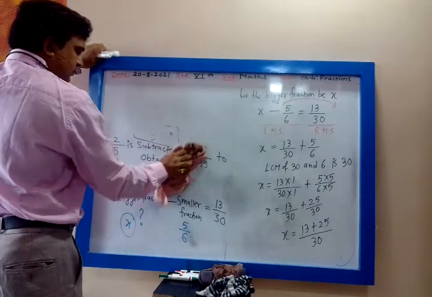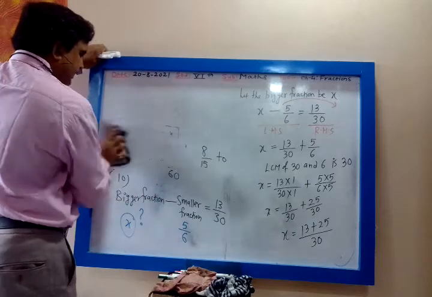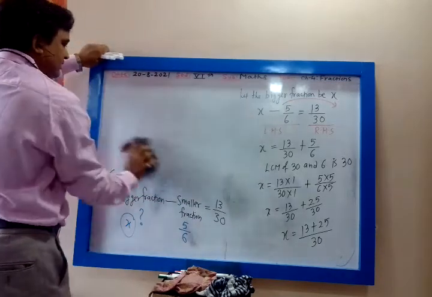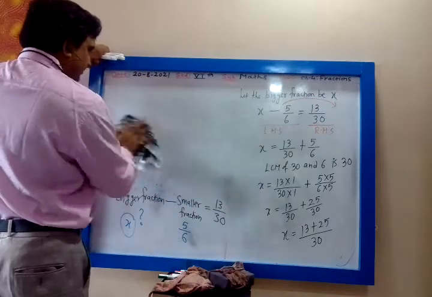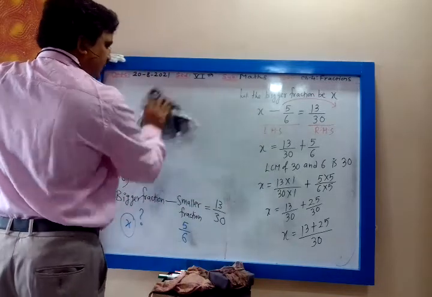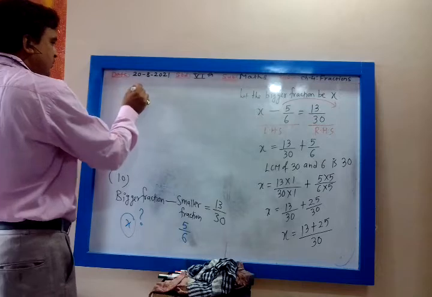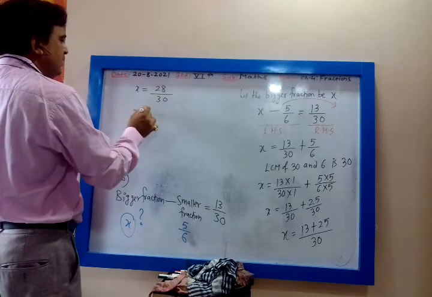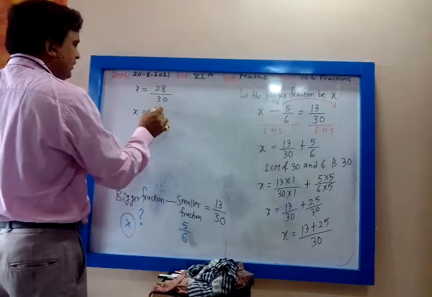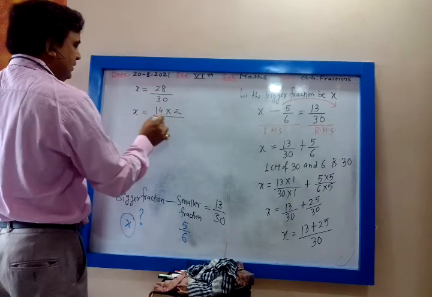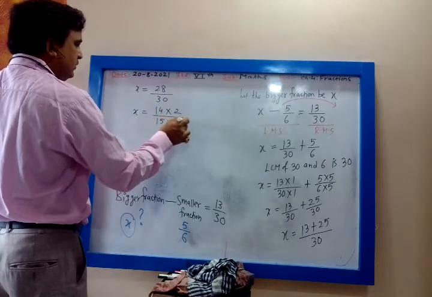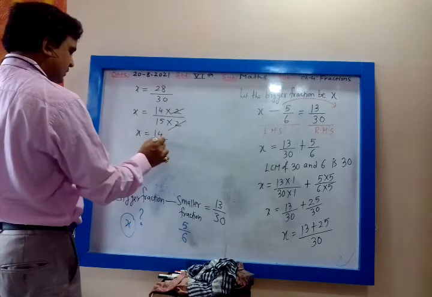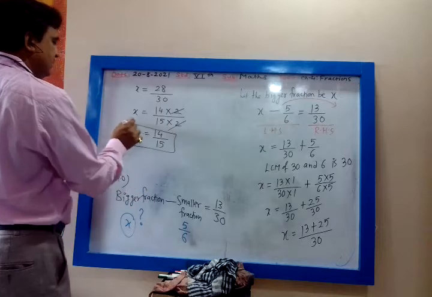But you have to write this in the lowest term. 28, I can write 14 twos are 28. 30, I can write 15 twos are 30. 2 gets cancelled. So x is 14 upon 15.